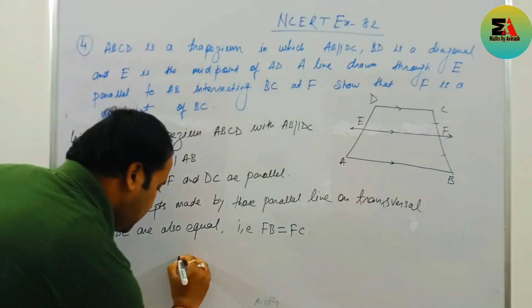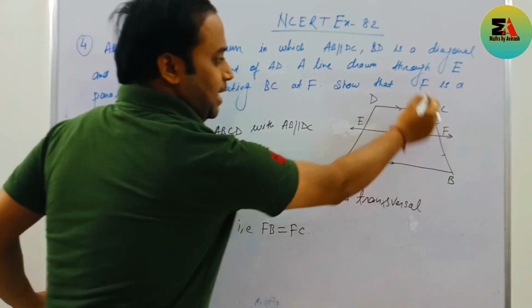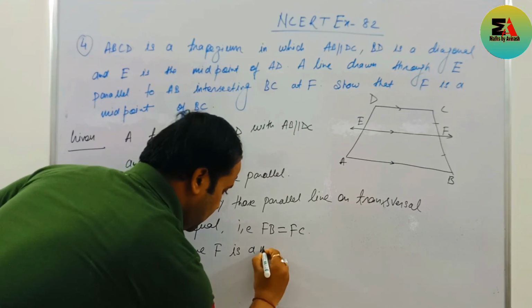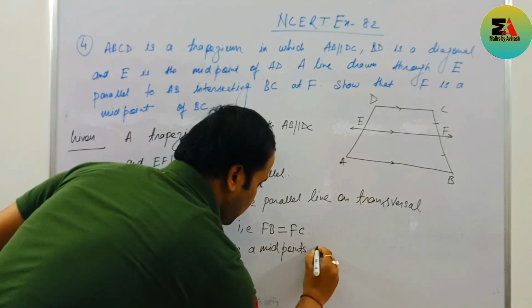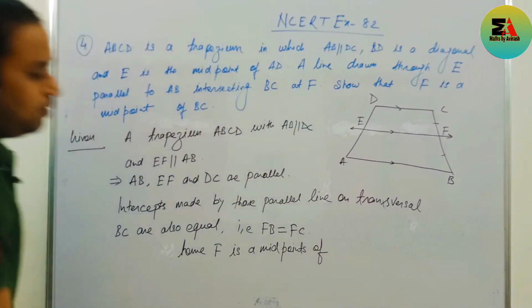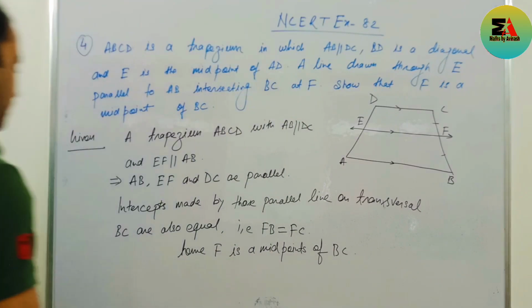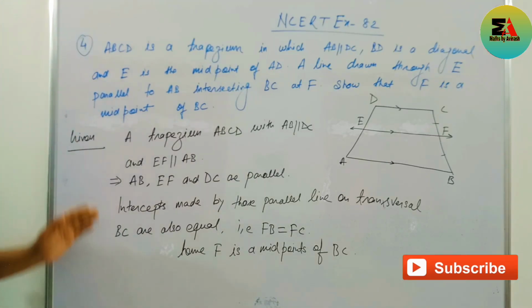Hence, F is the midpoint of BC. Clear? I hope this one is clear to you.